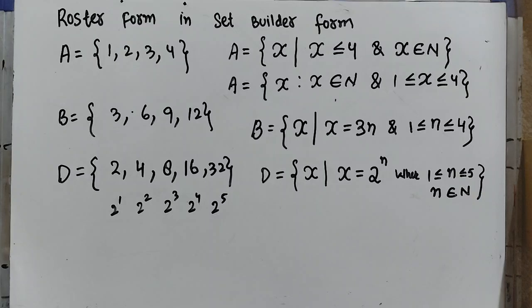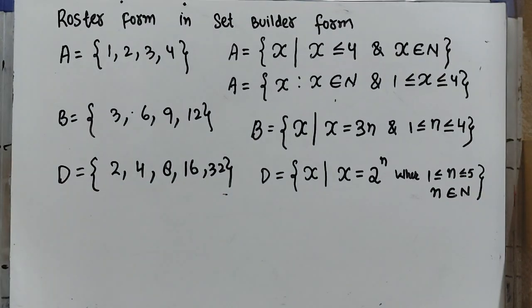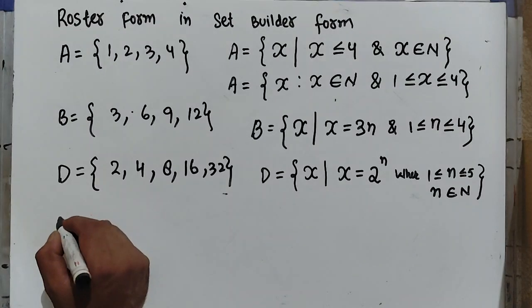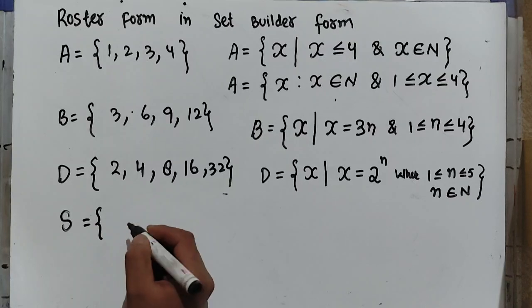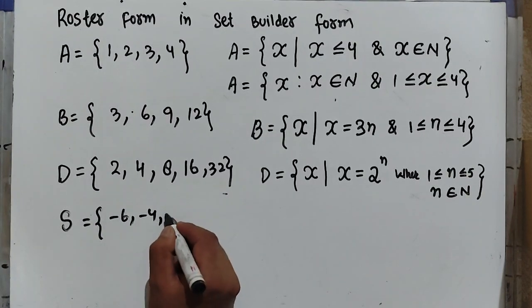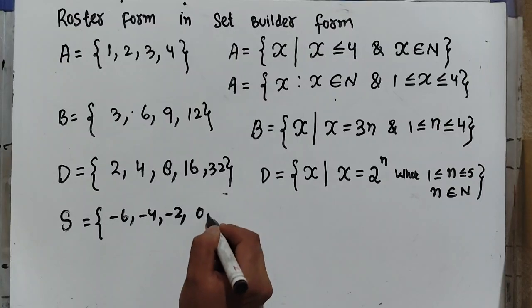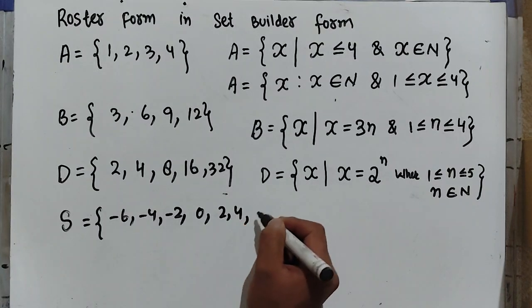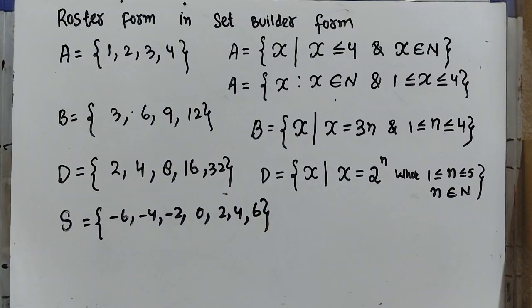Now let's take another example. Let us suppose we take the numbers. Let us suppose we have a set S which is equal to -6, -4, -2, 0, 2, 4, 6. Let us see what is happening here.